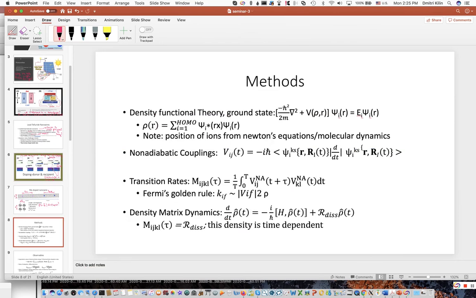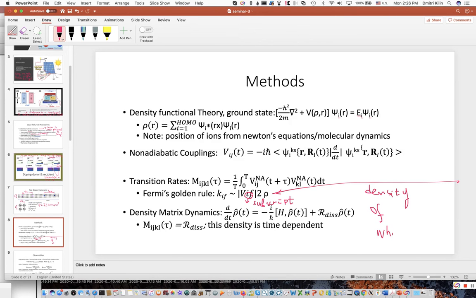Before I get into the results, here are the analytical methods I use to study my system. I use density functional theory to obtain my positions and energy eigenvalues. An important thing to note is that my potential depends on the charge density, which is just a superposition of every orbital from orbital I to my HOMO.